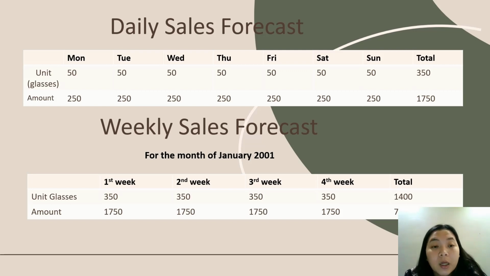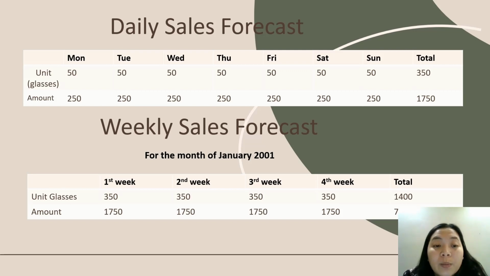in this table, we can see that we sold 50 glasses of fruit juice. So we all know that per fruit juice it's 5 pesos.